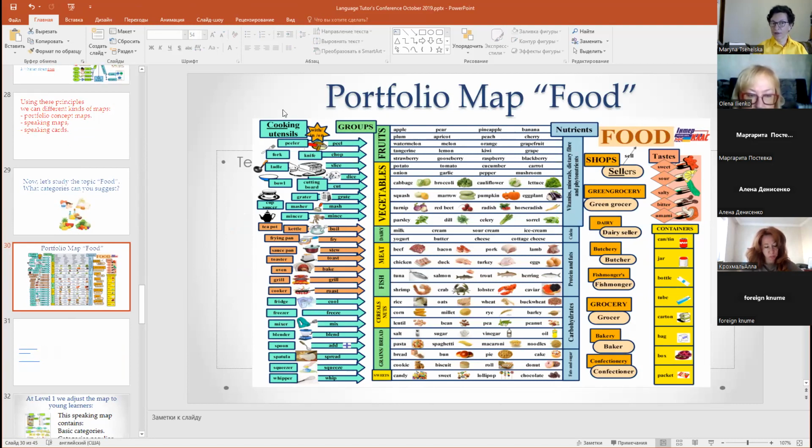We'll have cooking utensils, what we can use and what we can do with the utensils. Also here, there will be a really good chance for vocabulary transformation, like to peel with a peeler, a peeled apple, and so on. Also, we may talk about nutrients, about shops, and this is actually an extra edition.